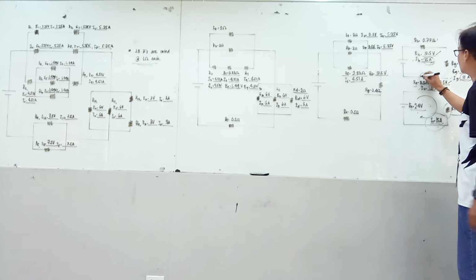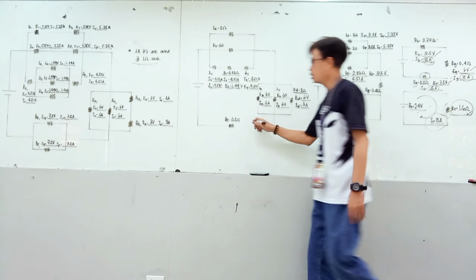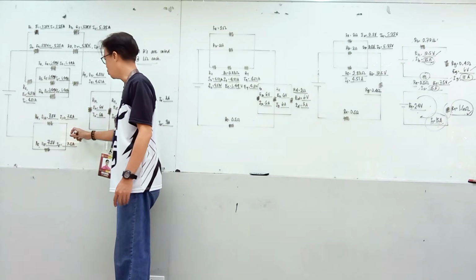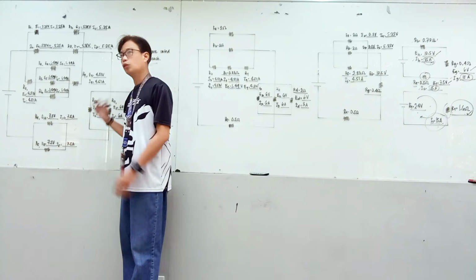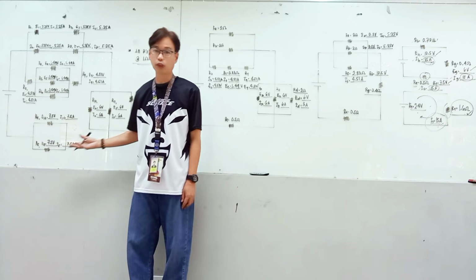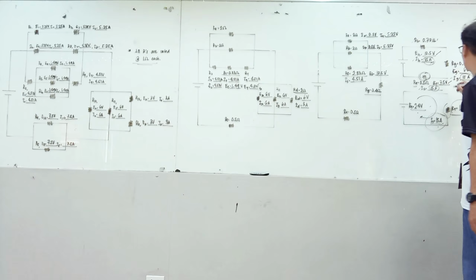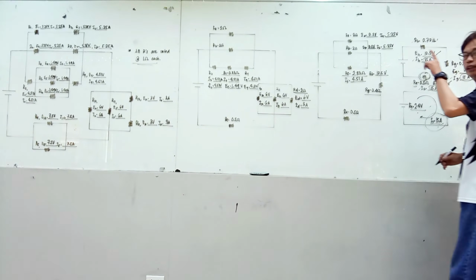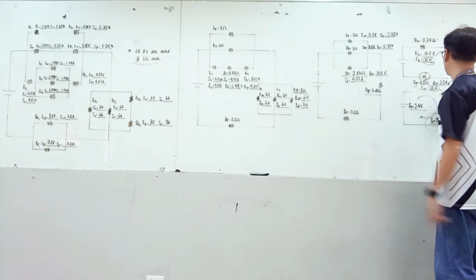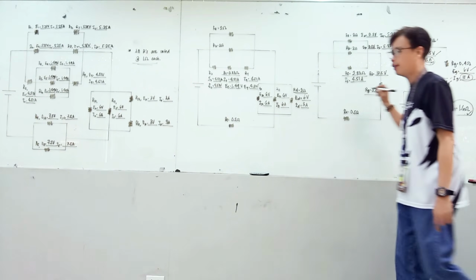Okay? So this resistor breaks down into 2, which is a parallel circuit. So what is constant in a parallel circuit is the voltage. Whatever the voltage of this resistor is, 7.5, that is the voltage of those two. So your E here is 7.5 volts.